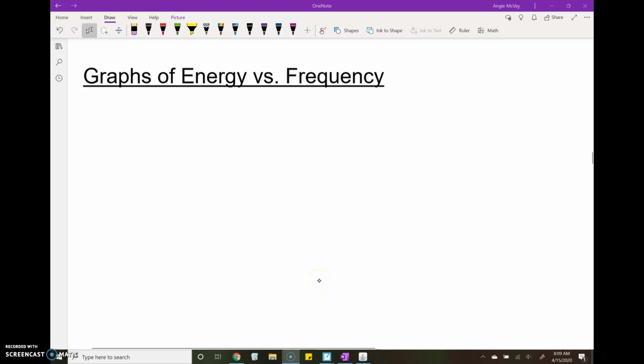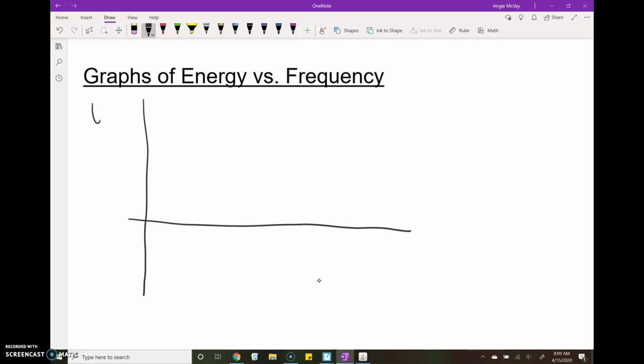All right, so I asked you to graph kinetic energy of the emitted electron in joules on the y-axis, and I was looking for frequency of the light that was incident on the target material in hertz. And you were able to choose whichever target material you wanted.